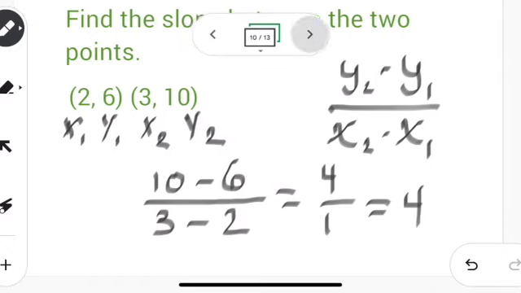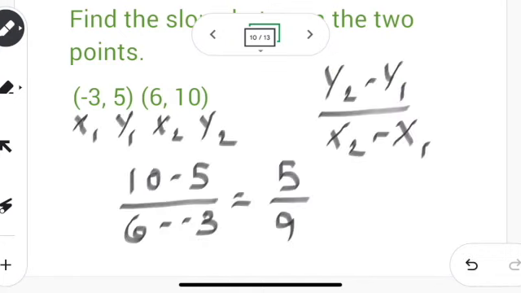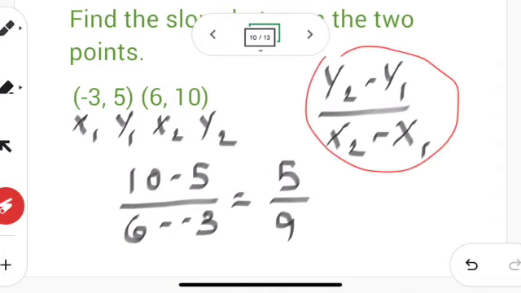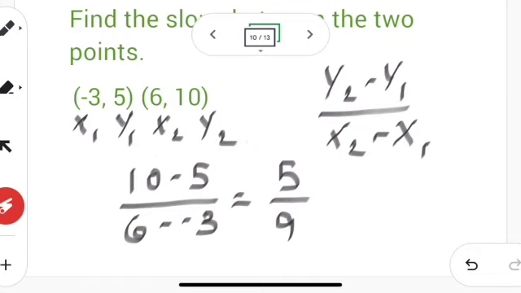So why don't you try this one on your own? Oh, be careful of that negative. So this one I set it up for you. We wrote out the formula, and I suggest while you're getting used to this that you write out that formula as well. And then we labeled all of our points, and then we just plugged them into that formula, and then we subtracted.